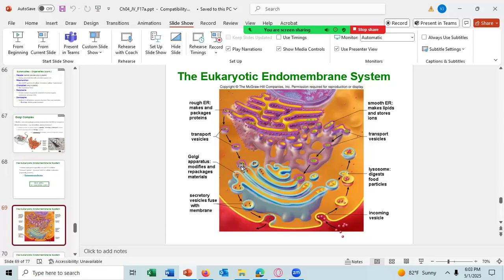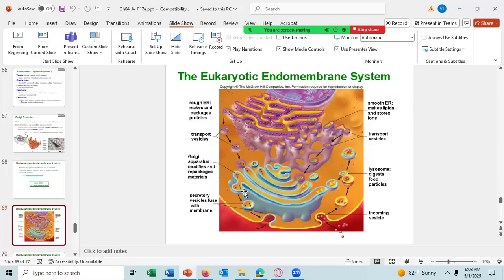The transport vesicle binds on one end of the Golgi apparatus, and then the molecule, which in this case we're just going to talk about it being a protein, can be modified, chemically altered, and then the protein moves towards this end of the Golgi apparatus.